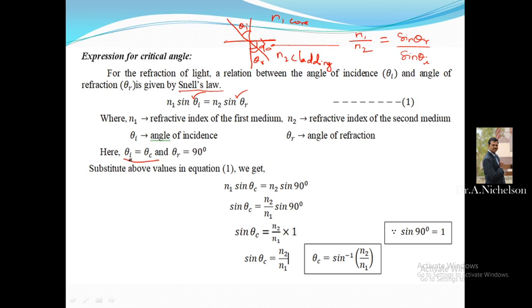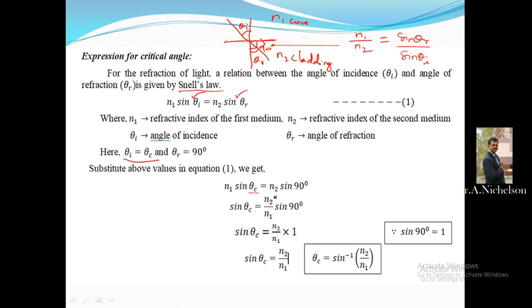So this is for the case theta I equal to theta c. Now substitute these values in equation 1, replacing theta r with 90 degrees. So n1 sin theta c is equal to n2 sin 90 degrees.